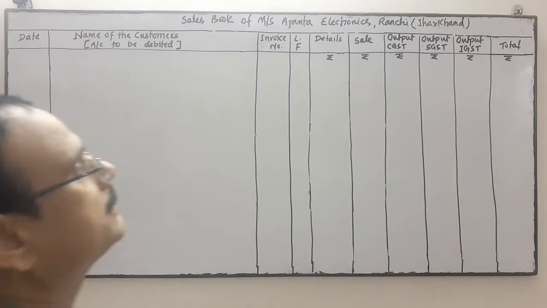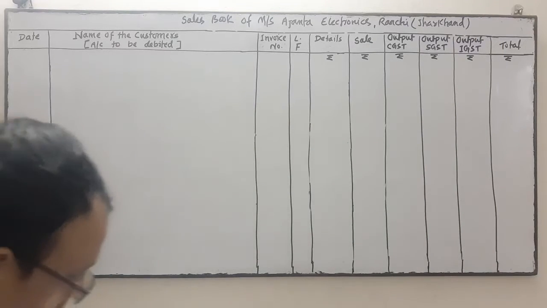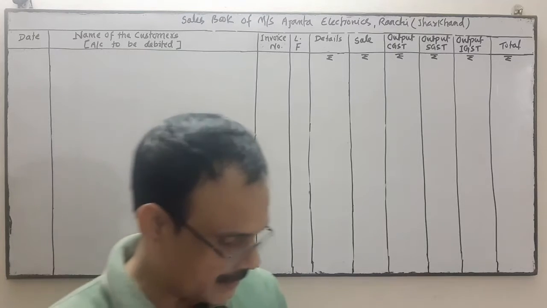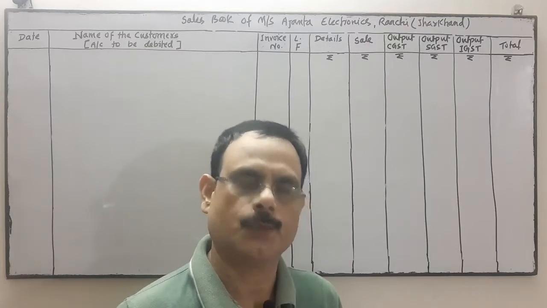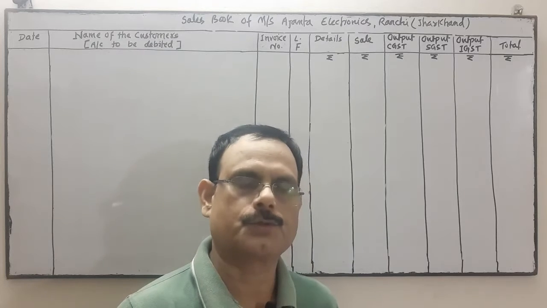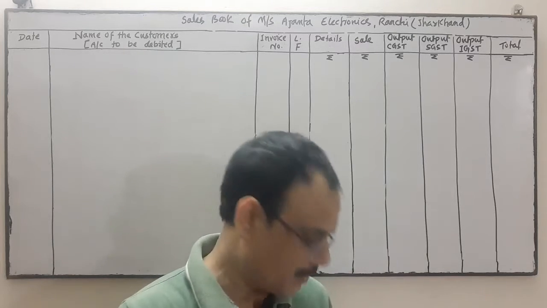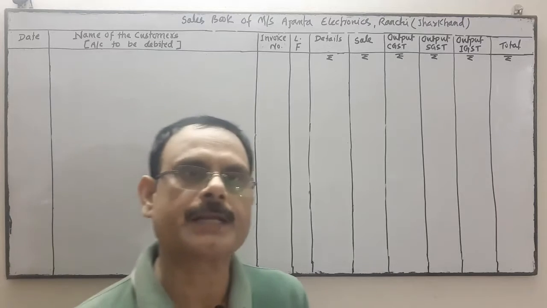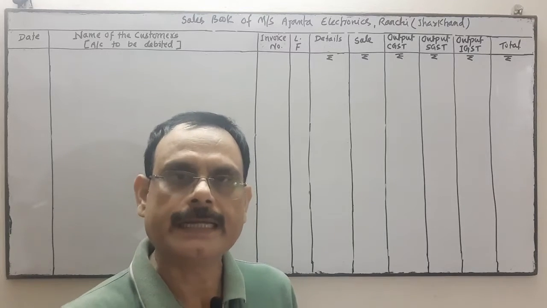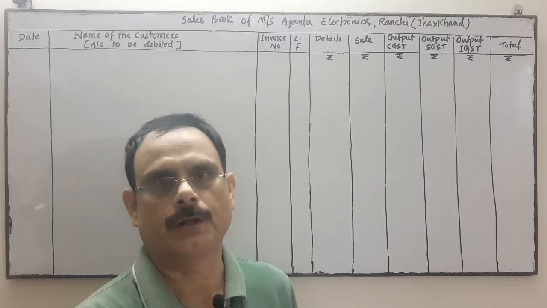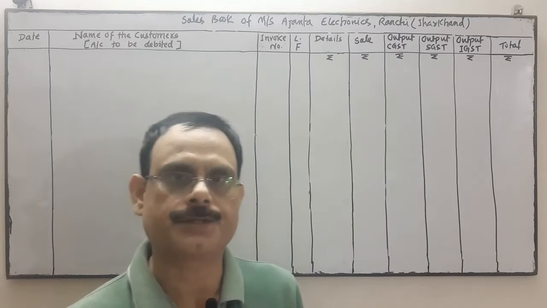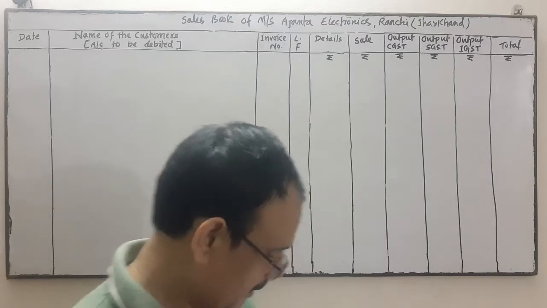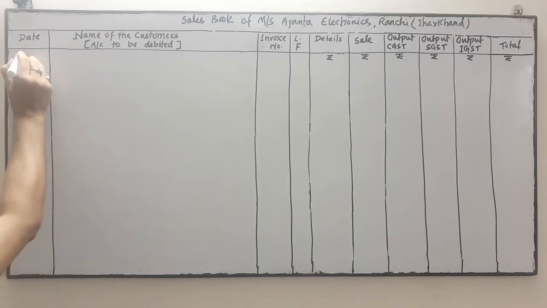The first transaction is sold to Vandana Electronics, Kolkata, West Bengal. It's an interstate sale, Jharkhand to West Bengal, so here we will calculate the output IGST. The year is 2018 and the date is March 1st.